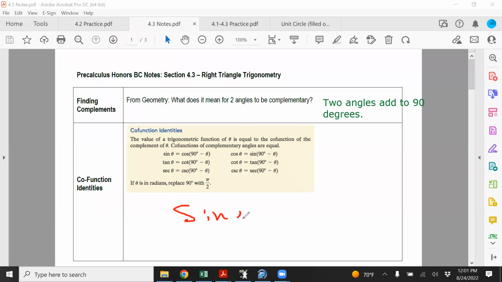When you look at sine versus cosine, the co part is actually abbreviated for the word complementary. That is hard to read. Let's redo that. Let's go blue. That's actually abbreviated for the word complementary.